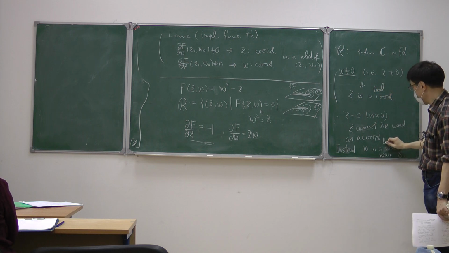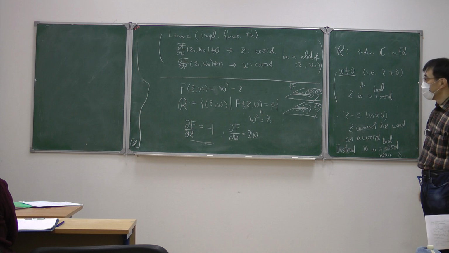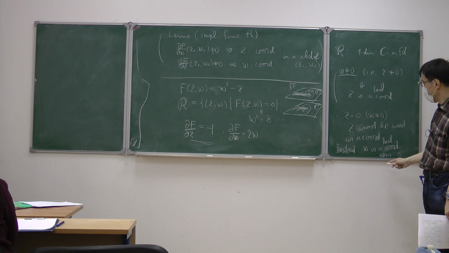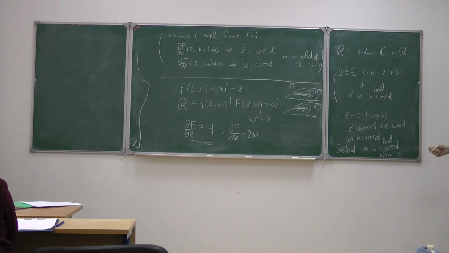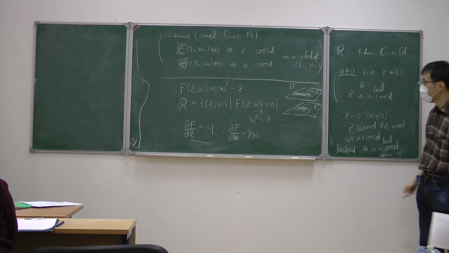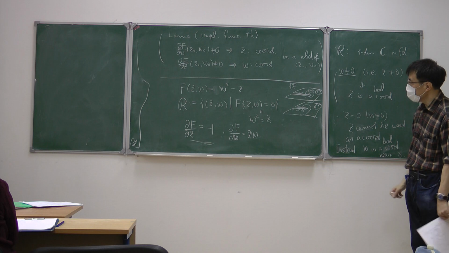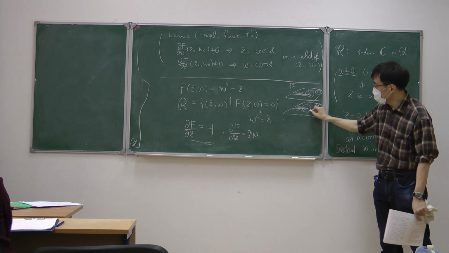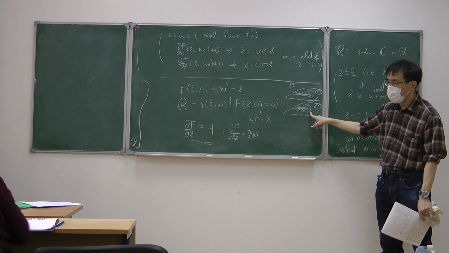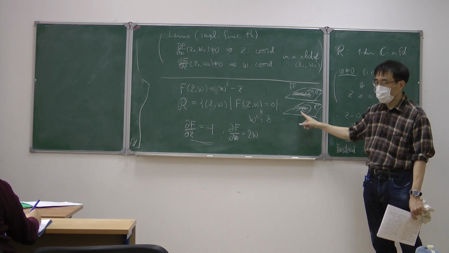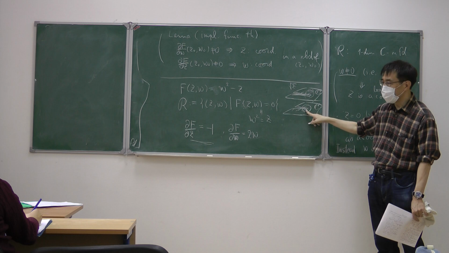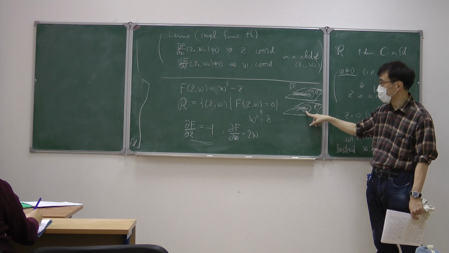But how can we say that z is 0 and w is not 0? We have that. Oh, so.